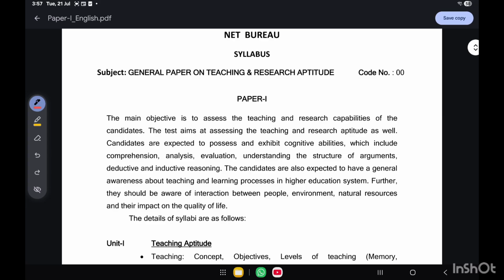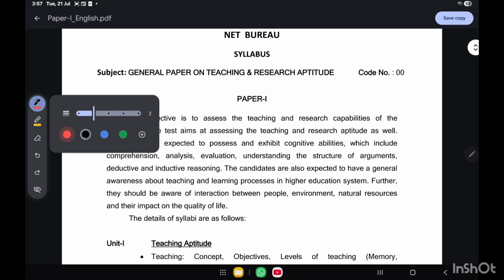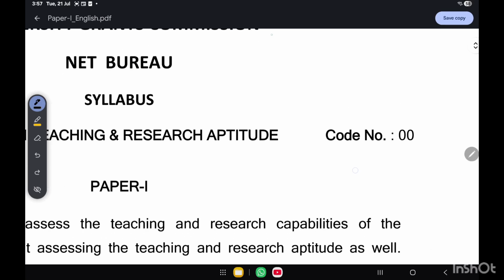Before explaining the syllabus, first of all, if you want to write the UGC NET exam, you will have two papers: paper 1 and paper 2.